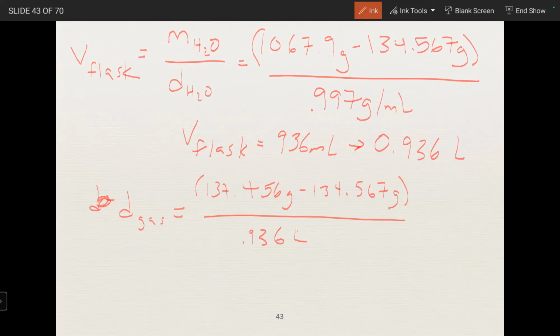And the density of the gas then is going to be 3.09 grams per liter. So now we've got the density.